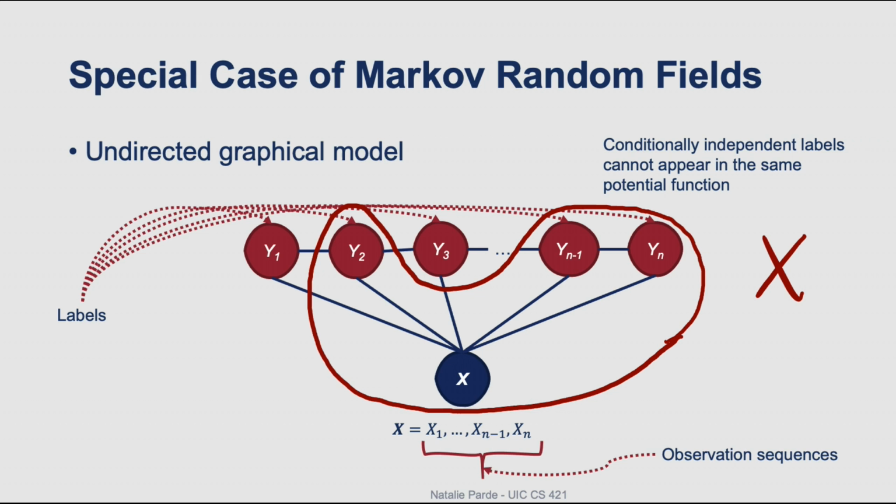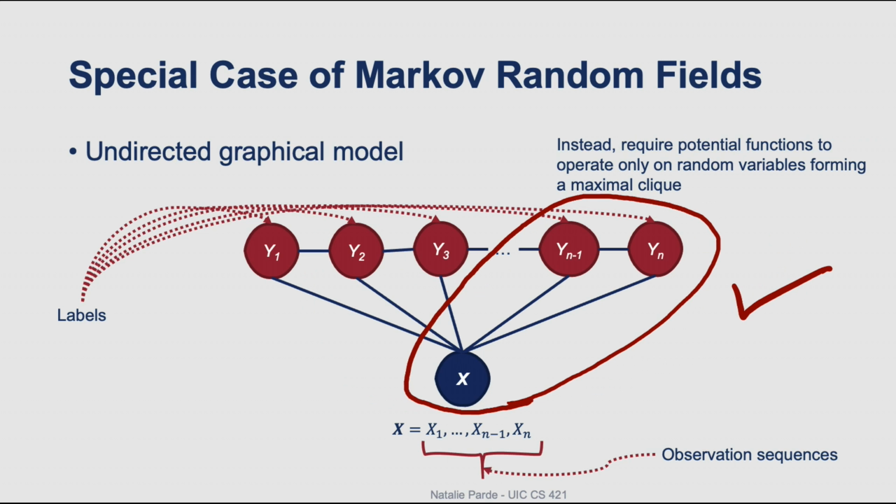So a potential function could not be computed over the nodes in this subgraph because y sub 2 isn't connected to y sub n minus 1 or y sub n. However, it could be computed over the nodes in this subgraph since it's fully connected. In graph theory, this is usually referred to as a maximal clique, or some people pronounce it clique.